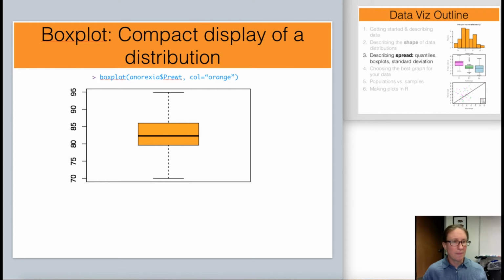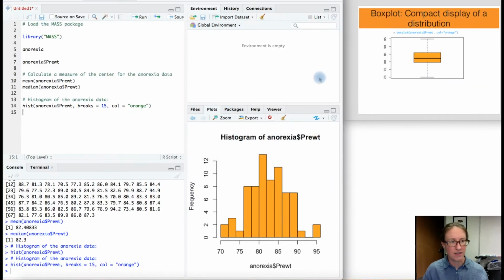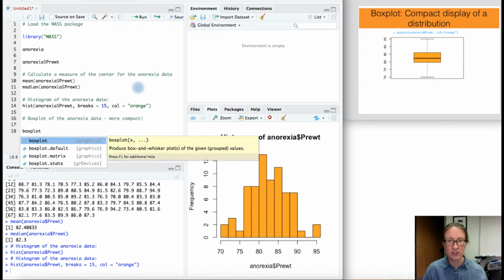Okay, so let's now look at a box plot for the anorexia data. Box plot of the anorexia data, more compact. Okay, so there's a function for this. It is the boxplot function.